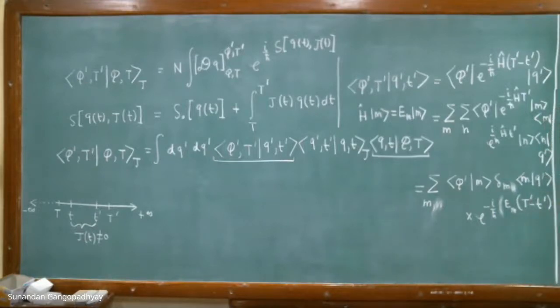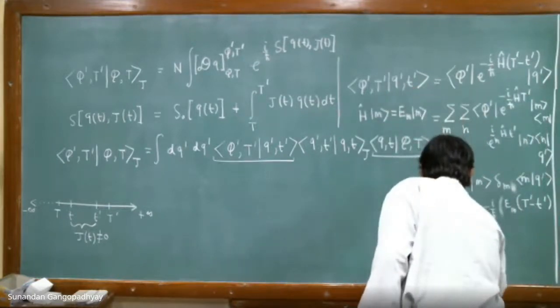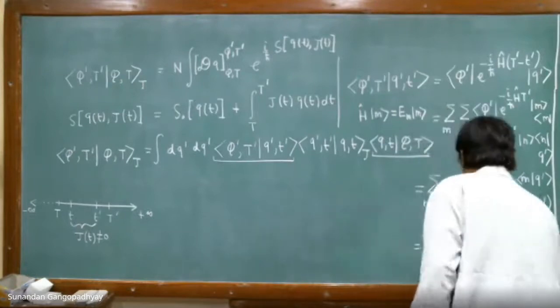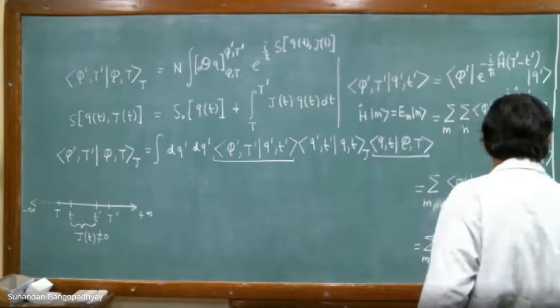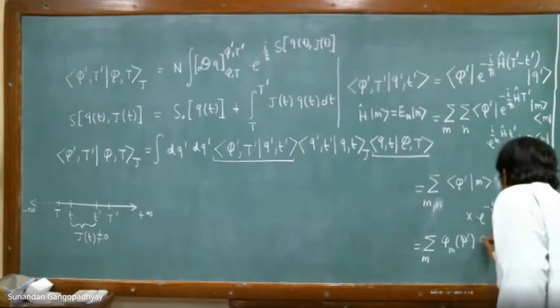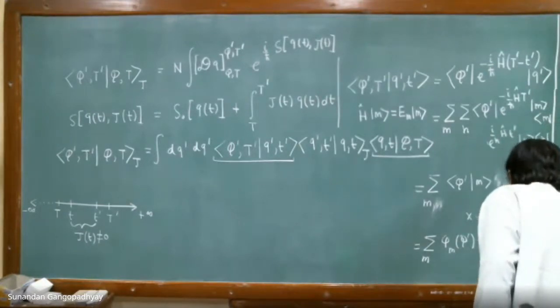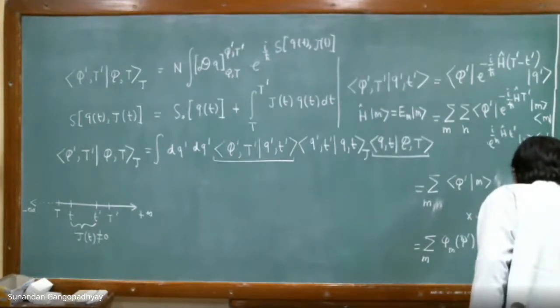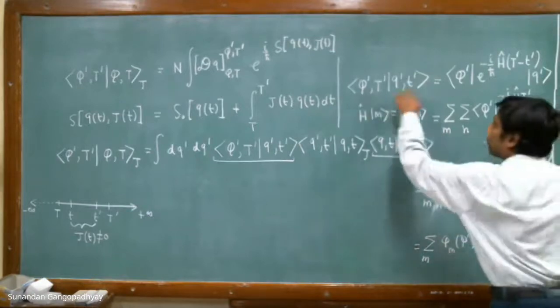So this is the expression that we have for this overlap, and this you can write down as the sum over m. This is basically the energy eigenfunction, phi m of Q prime. So I remove this Kronecker delta from here, and this is phi star n of Q prime times the exponential of this factor. So this is the expression for this overlap.